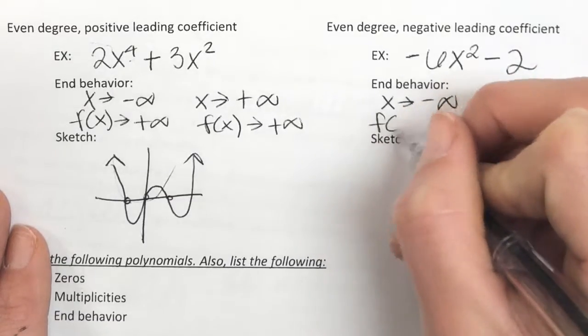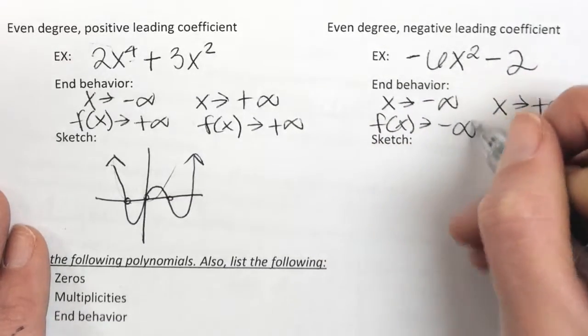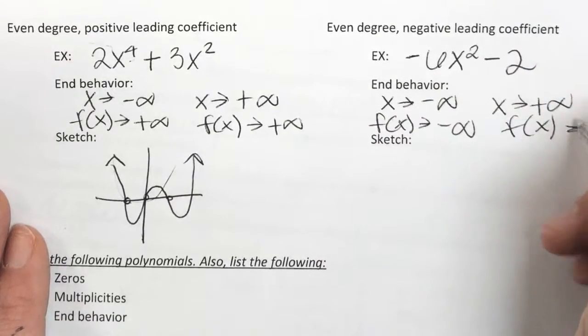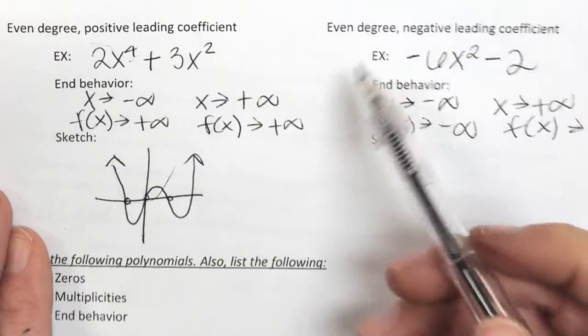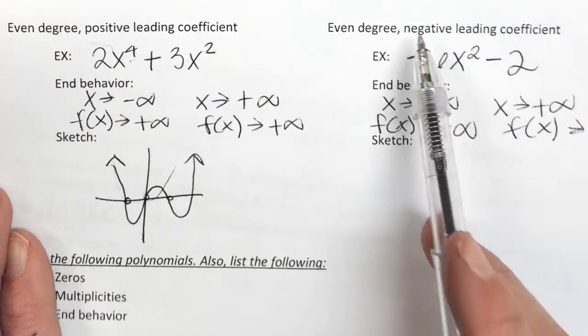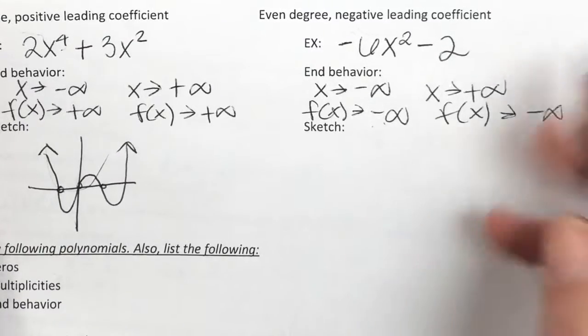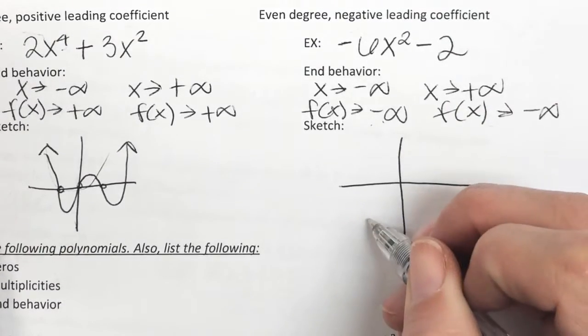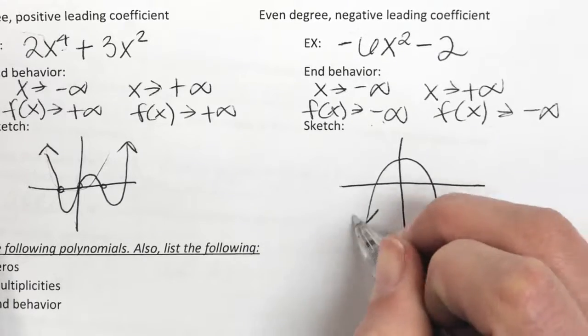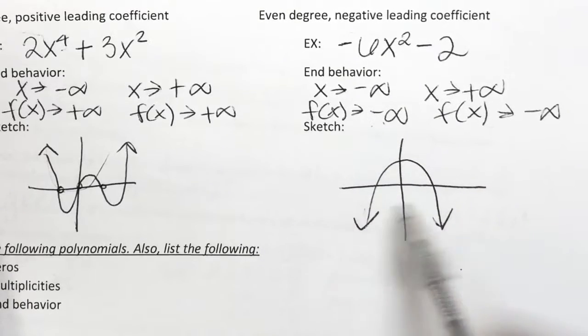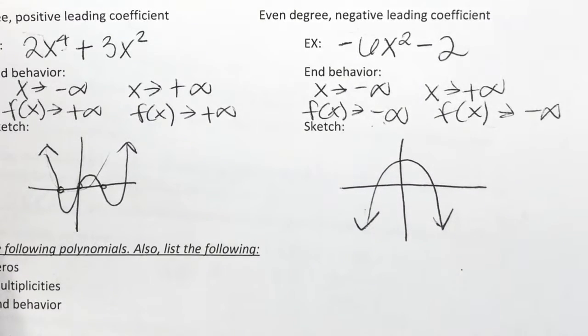This time f of x will be negative, so going to negative infinity on both sides. Easy way to remember that is even always has the same, and if it's negative, both of them will go to negative infinity. And since you picked a parabola, we'll use that as the example. Notice how y is going down on both sides, left and right.